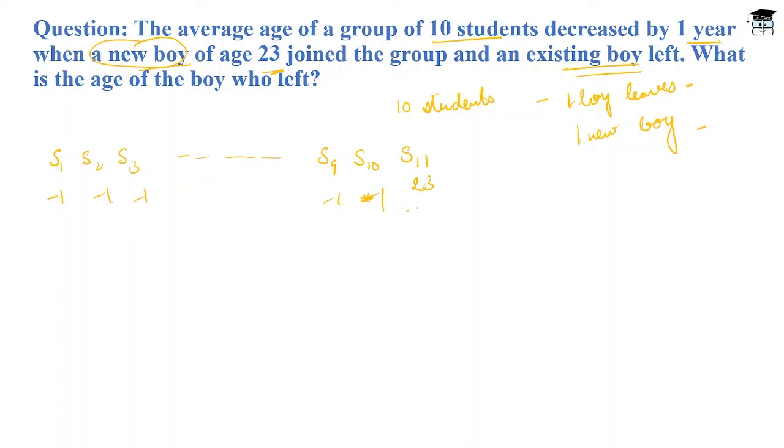All right. Also decreasing by 1 year. You have to remember this, that you have to decrease or increase in the total number. In the total number, it will be divided among all the students, right? So with this, student 11 joins the group and an existing boy leaves, let's say we are talking about S1, he leaves.